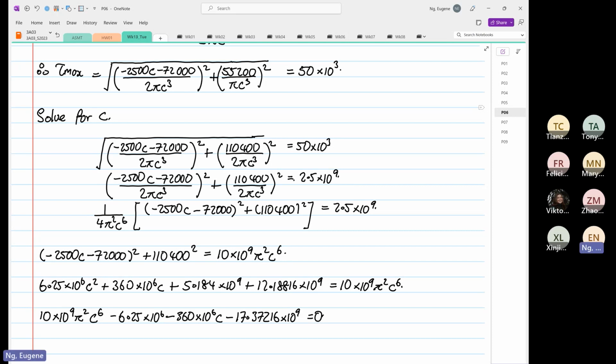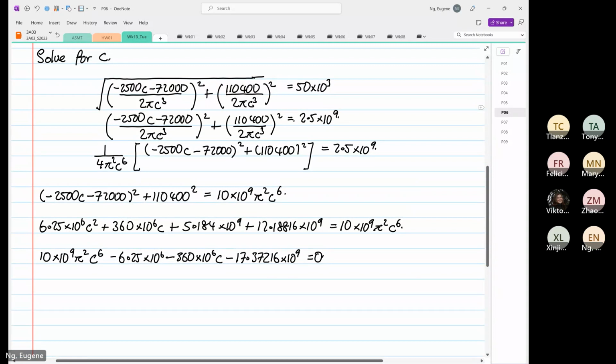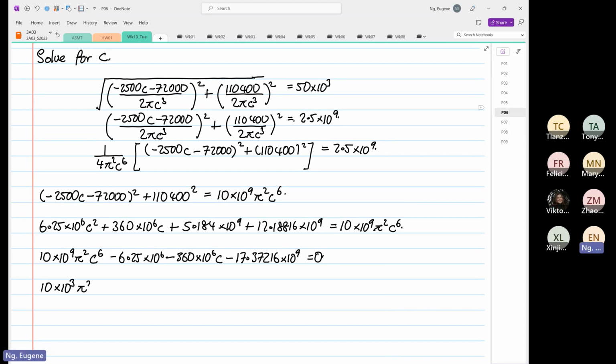The whole thing is equal to 0. So you can simplify it further. 10 times 10 to the power 3 pi squared C to the 6 minus 6.25 over here. I missed out a C squared. Minus 360 C minus 17.37216 times 10 to the power 3. The whole thing is equal to 0.